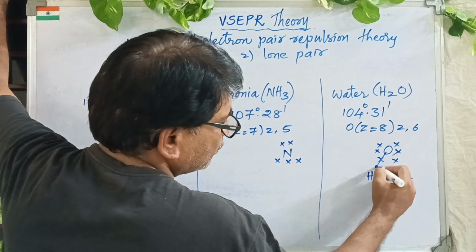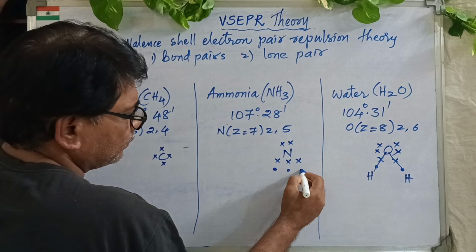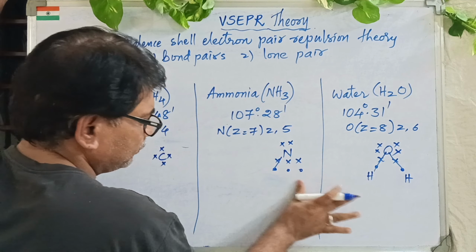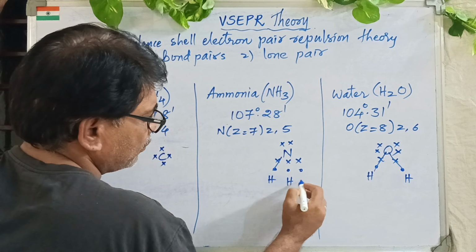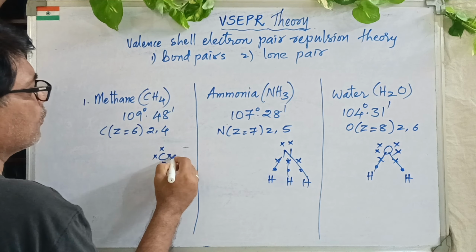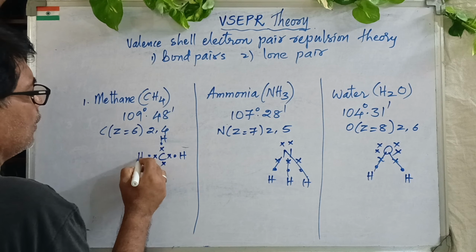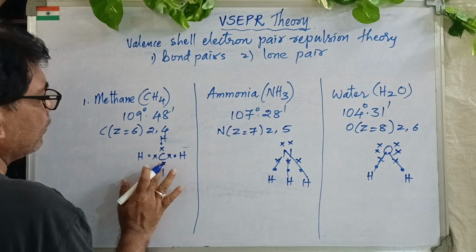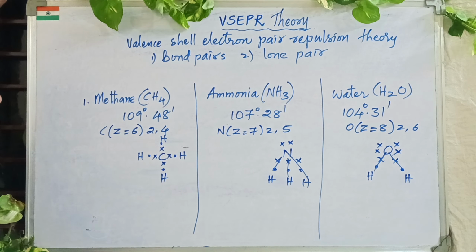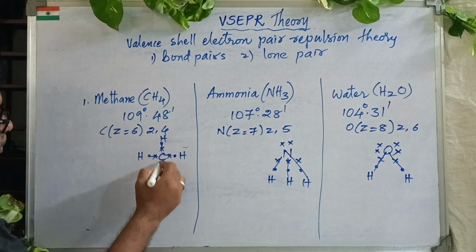So I am taking 2 hydrogens for oxygen, 3 hydrogens for nitrogen, and 4 hydrogens for carbon. Hydrogen is also satisfied with the duplet configuration. This is the bond formation in methane.